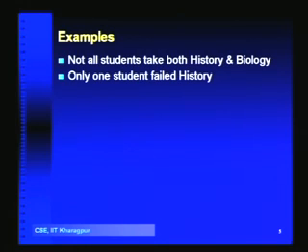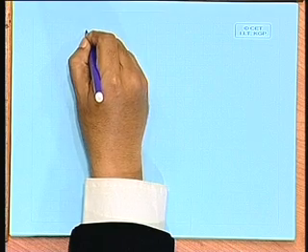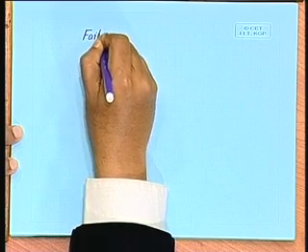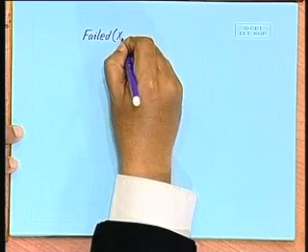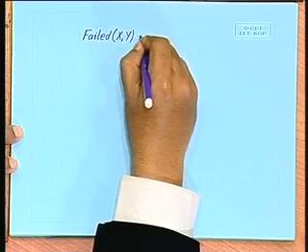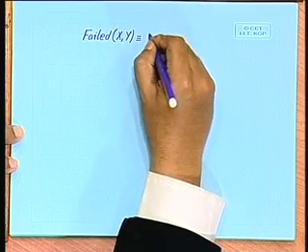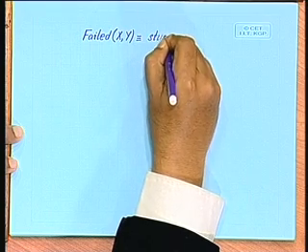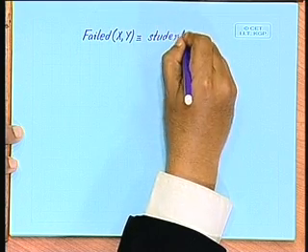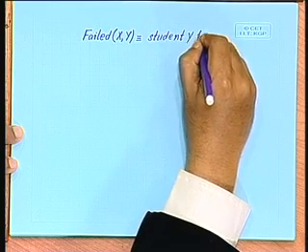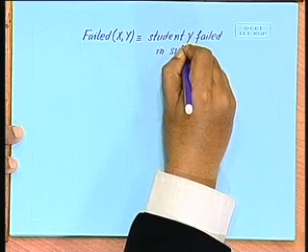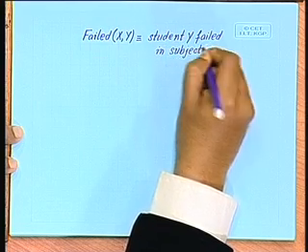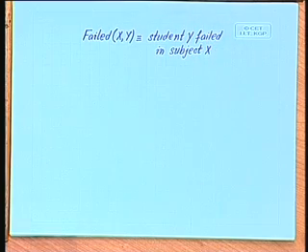So now we will have another additional predicate which says failed y, where this says that student y failed in history. All right.